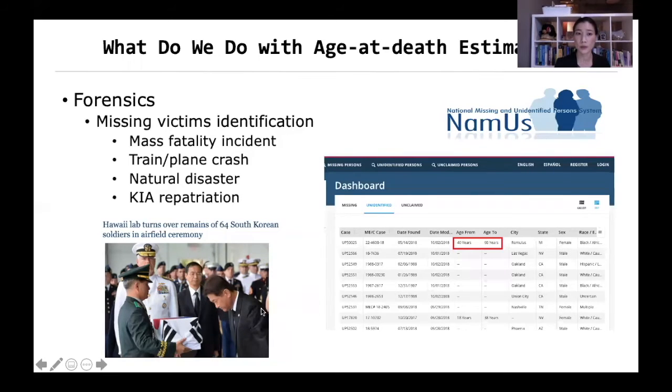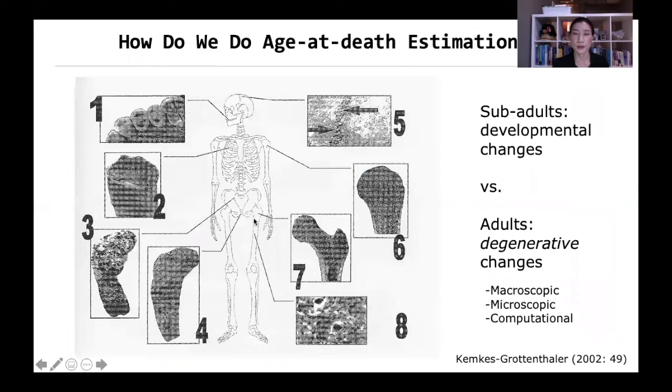And this photo shows us the remains of a Korean soldier who died during the Korean War, being returned to the Korean government and back to their family members after being analyzed in the Central Forensic Laboratory in Hawaii.